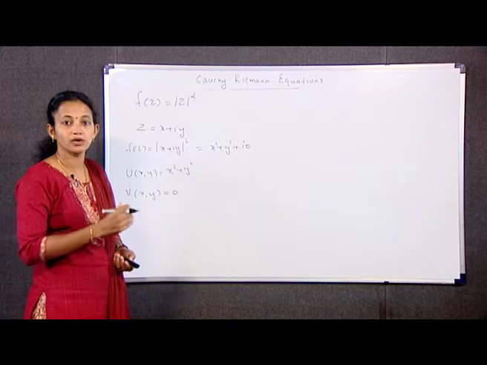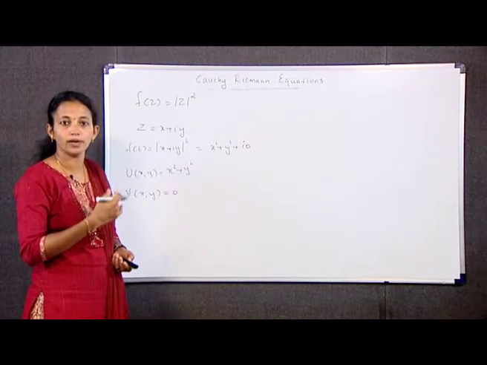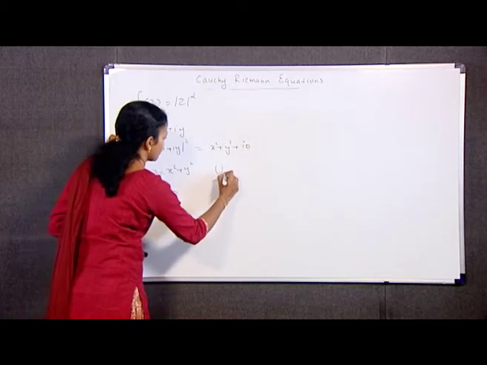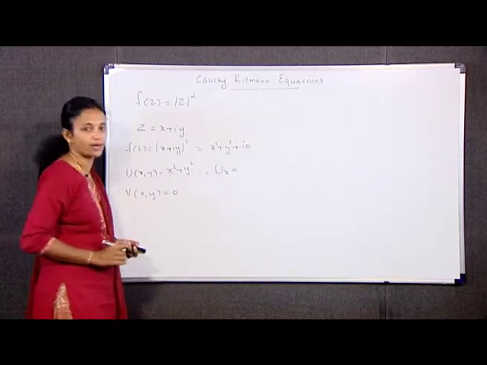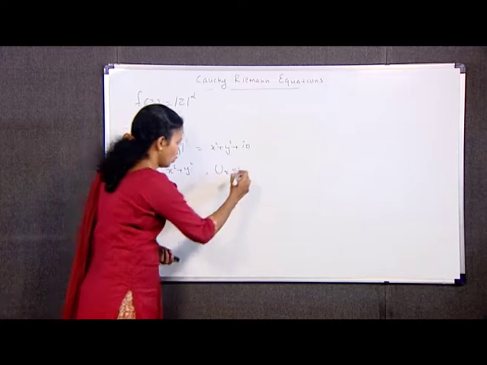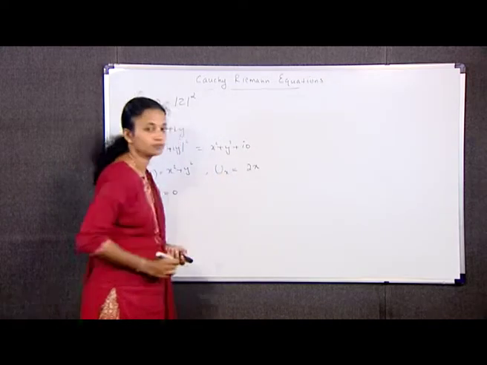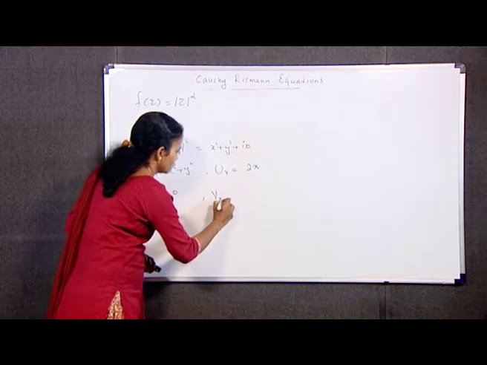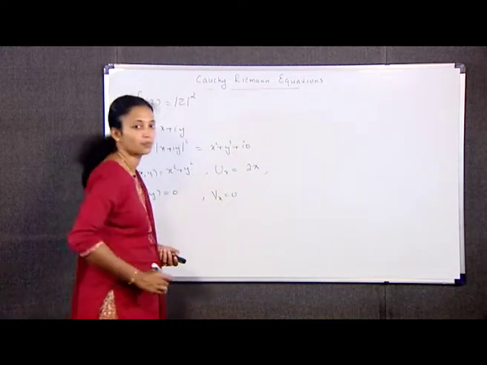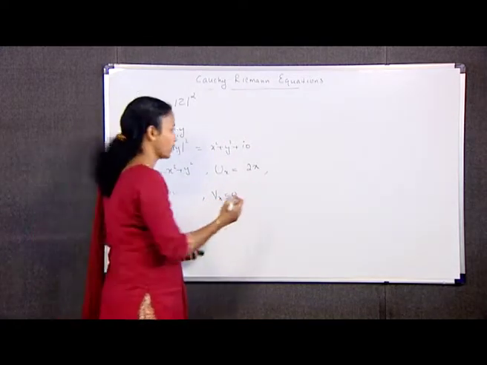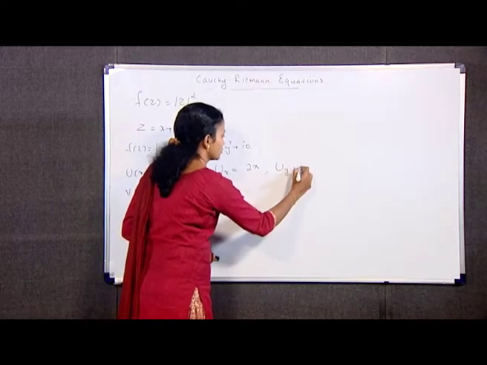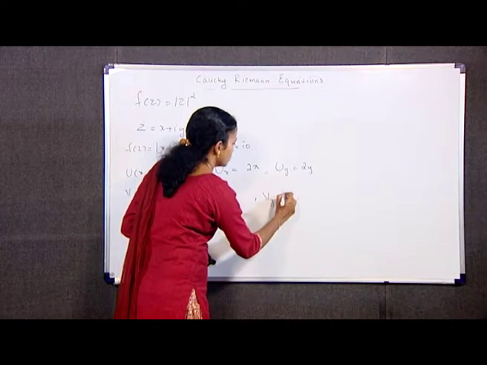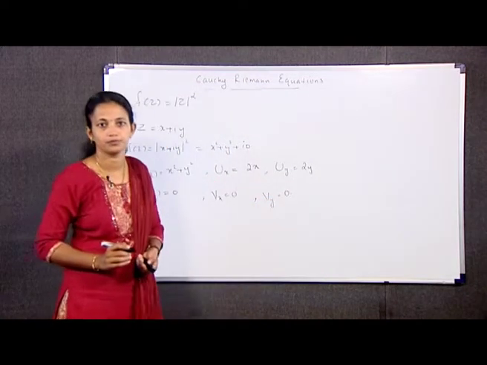Next we have to find u_x, v_x, u_y and v_y. So, u_x, that is ∂u/∂x, is equal to 2x. v_x is of course 0. u_y is equal to 2y. And here we have v_y equal to 0.